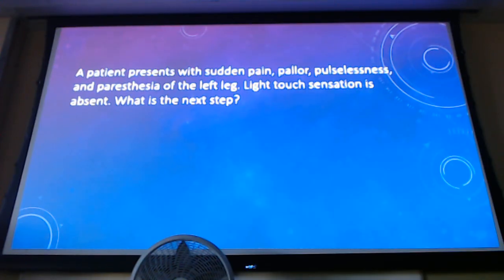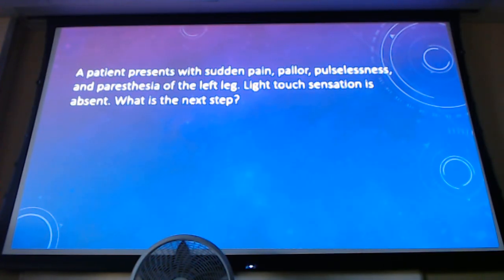A patient presents with sudden pain, pallor, pulselessness, and paresthesia of the left leg. Light touch sensation is absent. What's the next step? What is the medical word? Some sort of compartment syndrome? Maybe needs a fasciotomy?